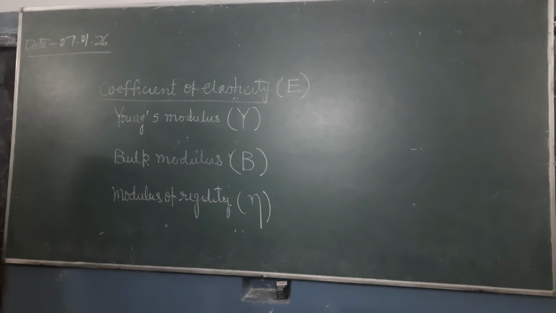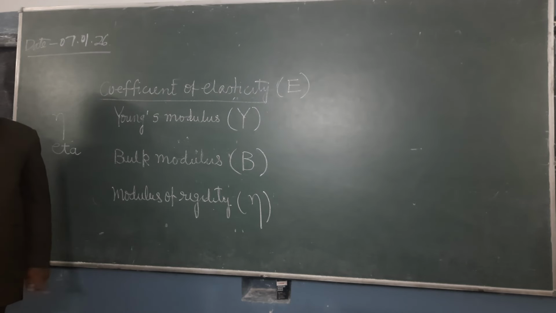How will you make it? You will make it like this. Eta, Greek letter eta. So depending upon the three types of deformations, there are three types of coefficient of elasticity: Young's modulus, bulk modulus and modulus of rigidity.